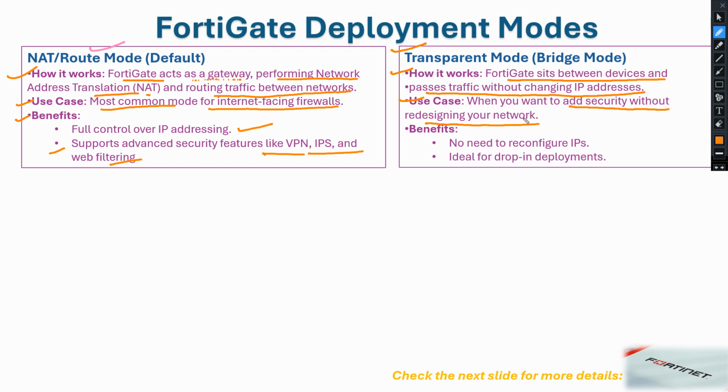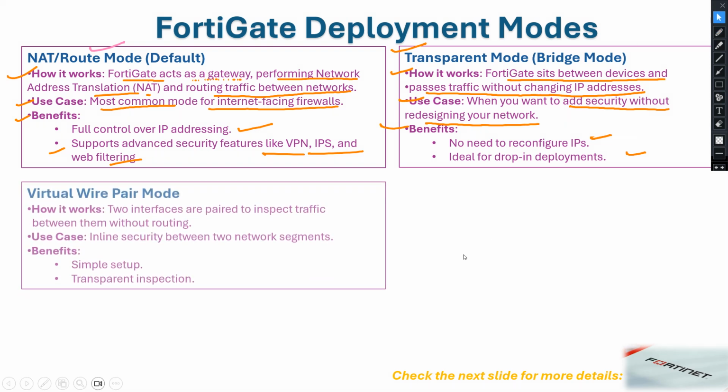Suppose you have a router and switch in between, you want to deploy your firewall and you don't want the IP addresses to change on your routers and other stuff, right? Then you can use this deployment mode, and it has more granular features than the next mode. The benefit would be no need to configure IP addresses, ideal for drop-in deployments. We'll discuss the transparent mode in brief.